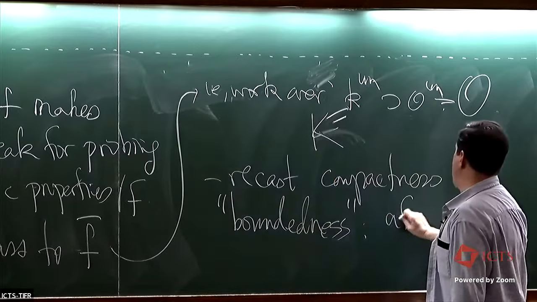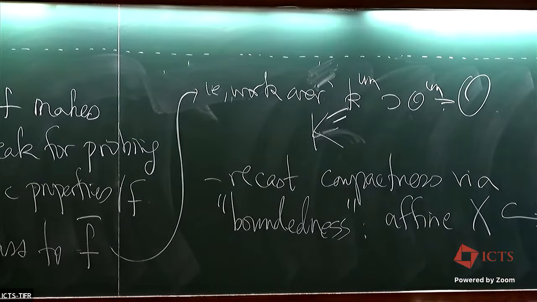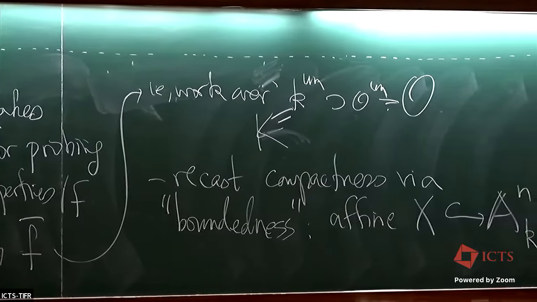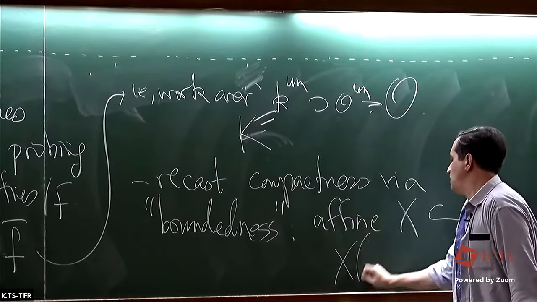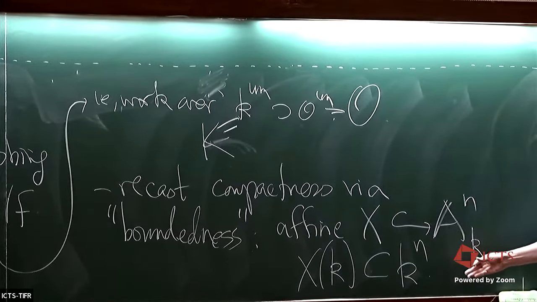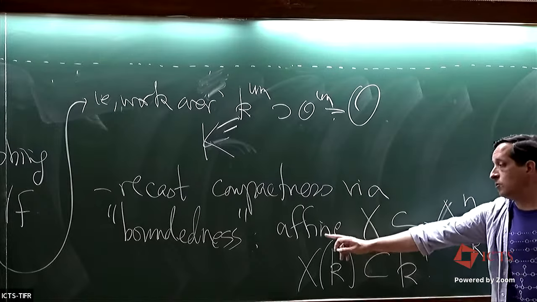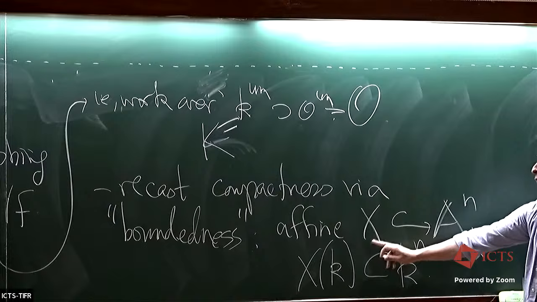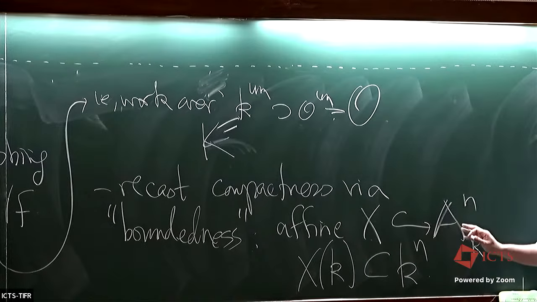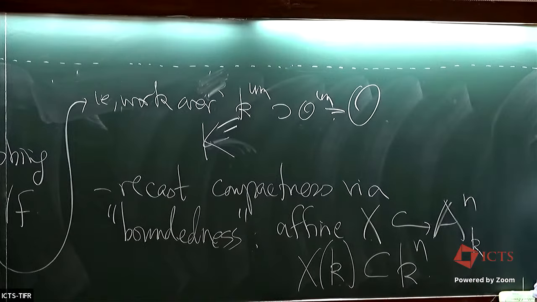If I give you some affine X sitting as a closed subscheme of some affine space, then of course X of K is thereby sitting inside K to the n, and talking about bounded subsets makes perfectly good sense using the valuation topology on little k. And one can show by a short argument that if I give you an affine K-scheme of finite type, for any two closed embeddings into affine spaces, the notion of boundedness you get on the rational points is the same.